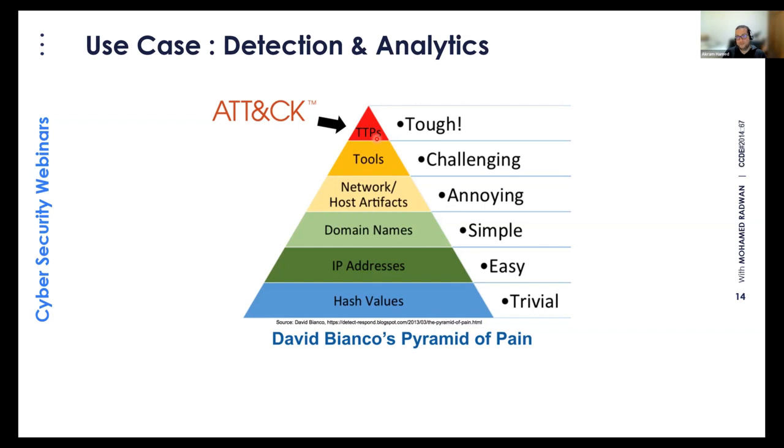But then it goes even far beyond ATT&CK and TTPs, because after the signature-based and the TTPs, there is anomaly detection, which is not here in this pyramid, unfortunately. Anomaly detection means something which is unusual to a specific environment.